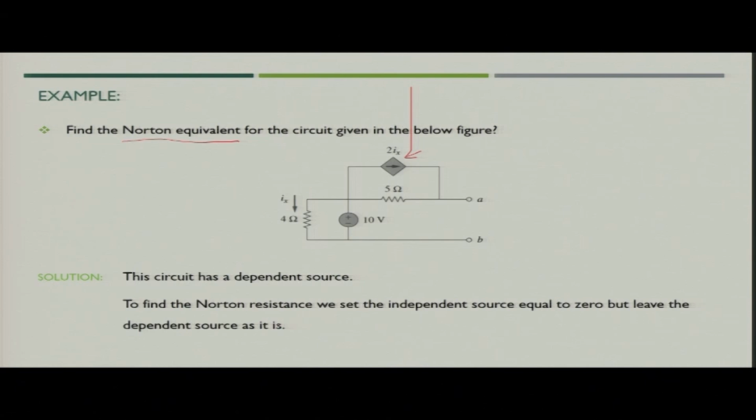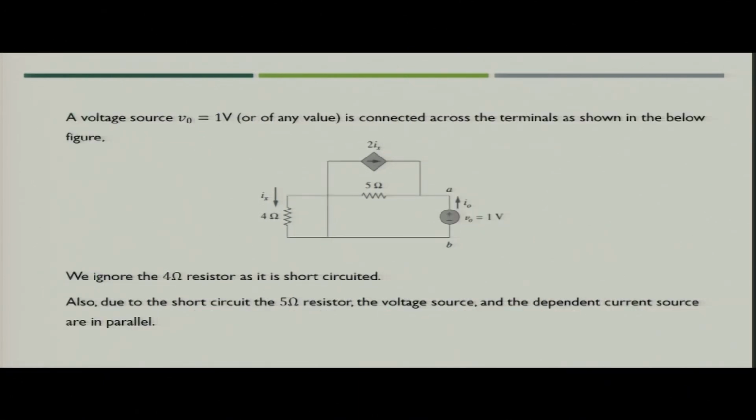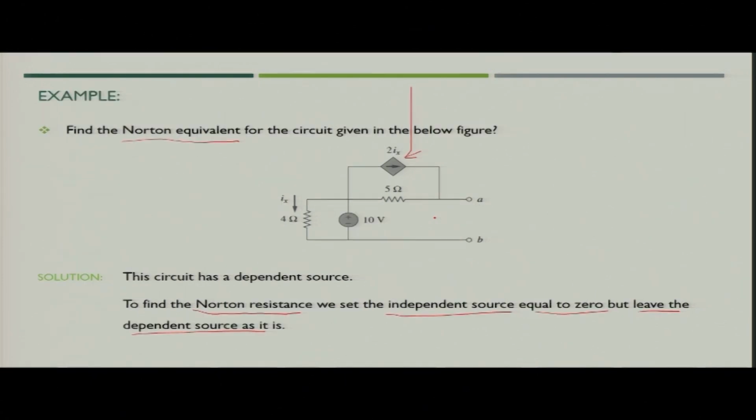Now, what do we have to do to find the Norton's resistance? We have to first set the independent sources equal to 0, but leave the dependent sources as they are in the circuit. That means we are short circuiting the voltage source and leaving the current source as it is.